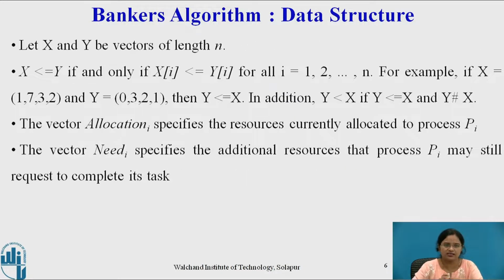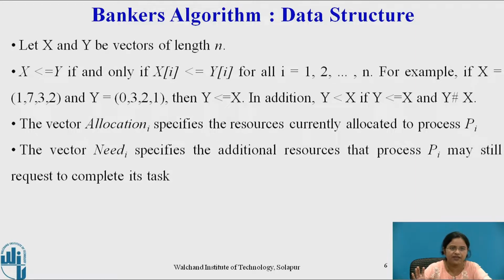Now, let us consider that we have vectors X and Y of length n. Then X is less than or equal to Y if and only if X[i] is less than or equal to Y[i] for all i from 1 to n.